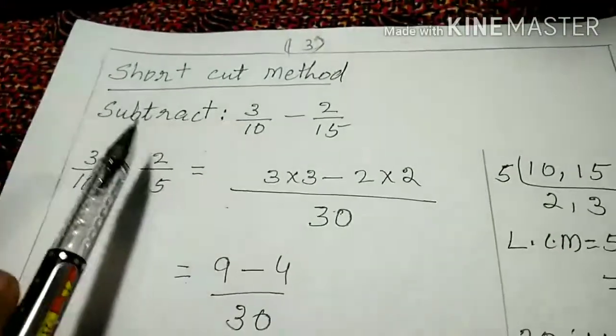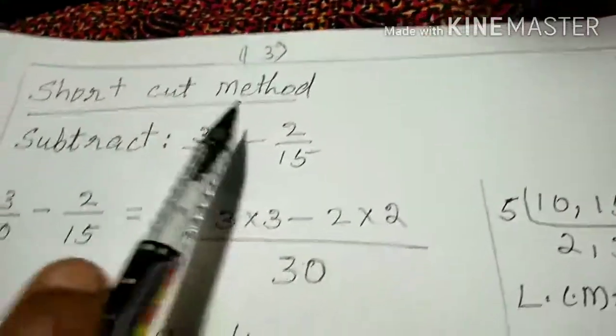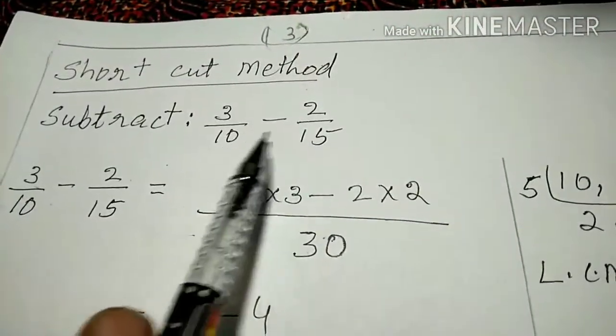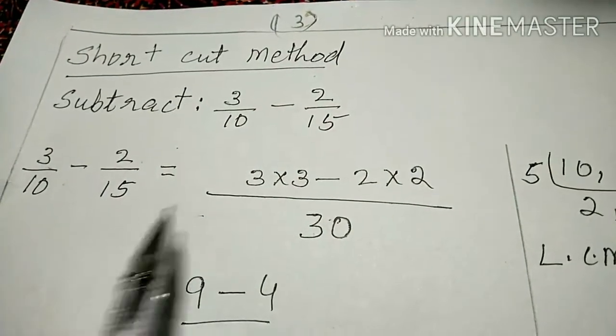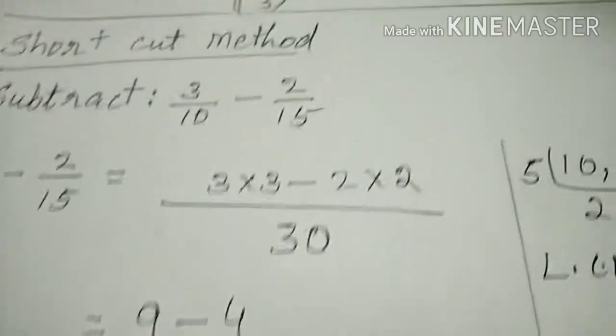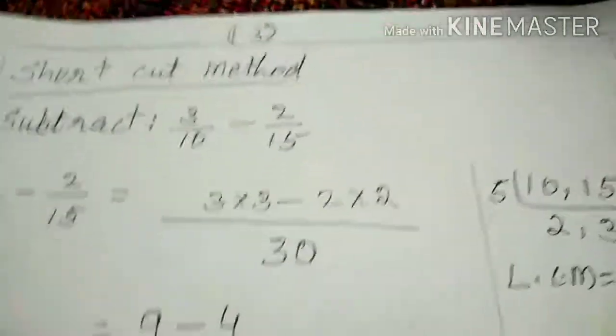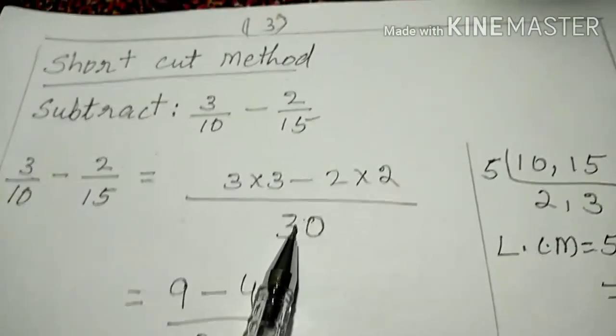The same question you can do in another way, that is by using the shortcut method. Subtract 3 by 10 minus 2 by 15. The same as in the previous question, you find the LCM of the denominators 10 and 15. You will get the LCM as 30. After getting the LCM, write that LCM as the common denominator.